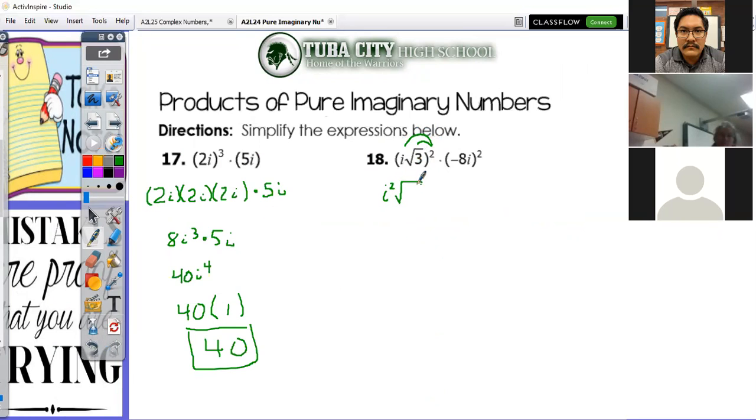So 3 squared is going to be 9. And I'm going to expand this one out as well. Okay, so take the square root of 9, we get 3. And here, i squared, we get negative 1.